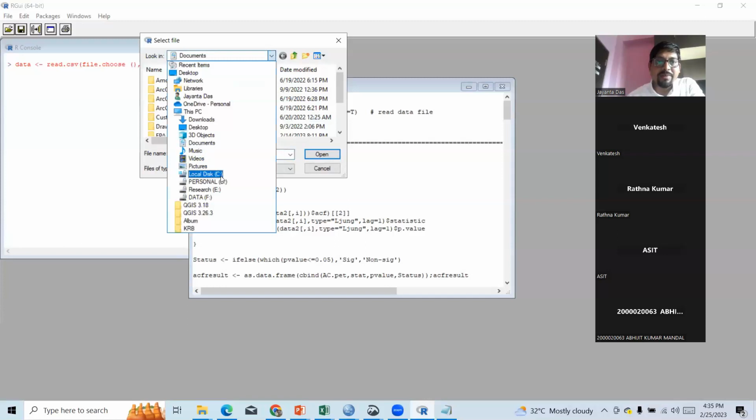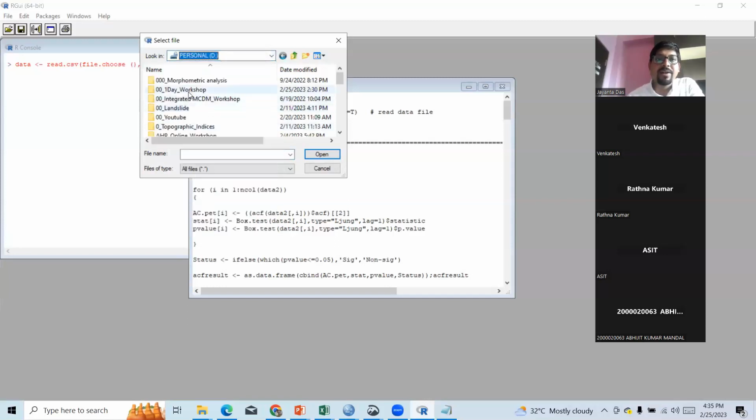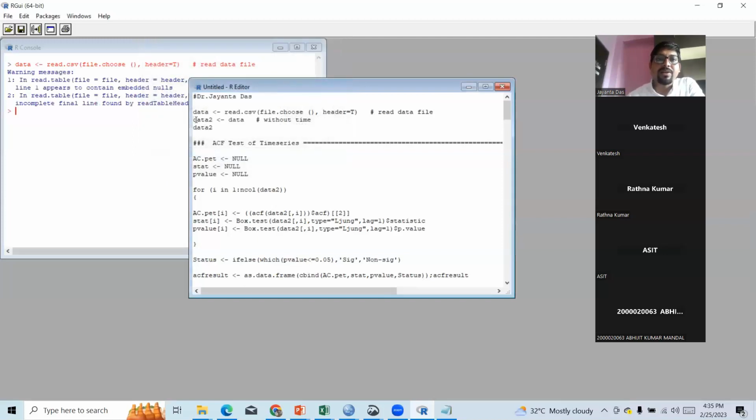Then I have saved it in my deep folder here, in the live practice, data for MK. Select it. Now data 2, then it will delete the time frame. Now data 2. See, there is a problem. Row name, okay.